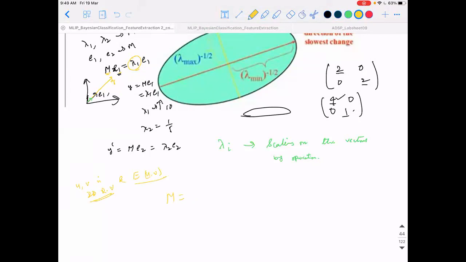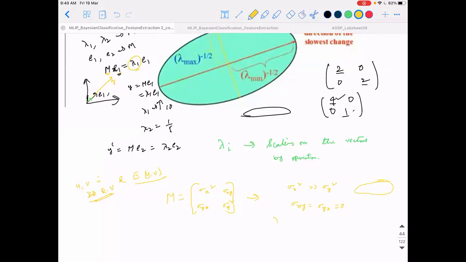Then this M at a given X comma Y essentially gives a 2-dimensional covariance matrix, which is in some sense sigma X square, sigma XY, sigma YX, and sigma Y square. In this case, you can easily see that if sigma X square is much higher than sigma Y square, and for simplicity we take sigma XY equal to sigma YX equal to 0, then what will happen? I can say that the variation in the X direction is much higher and the variation in the Y direction is smaller.